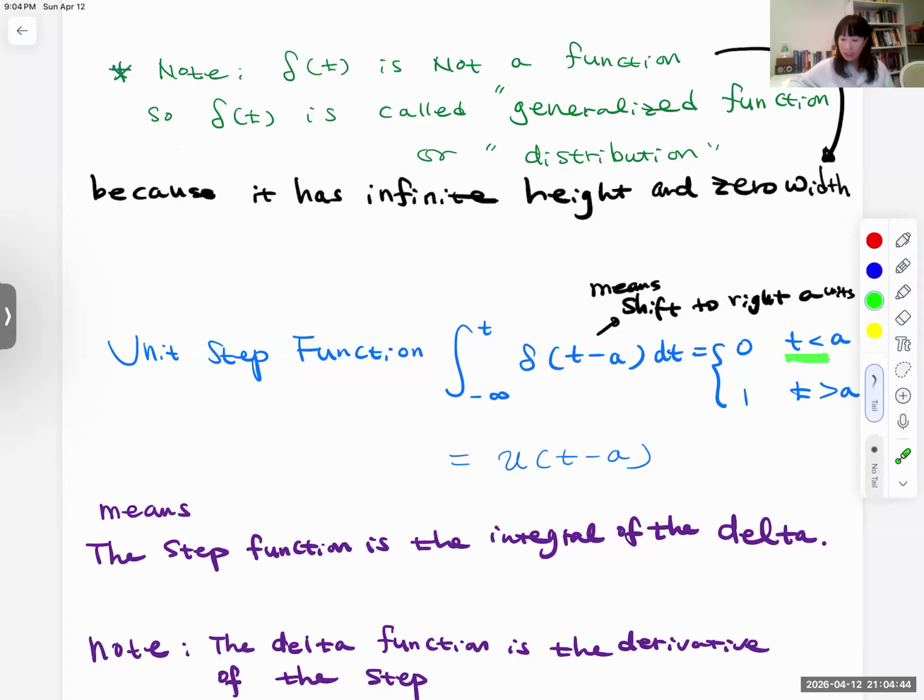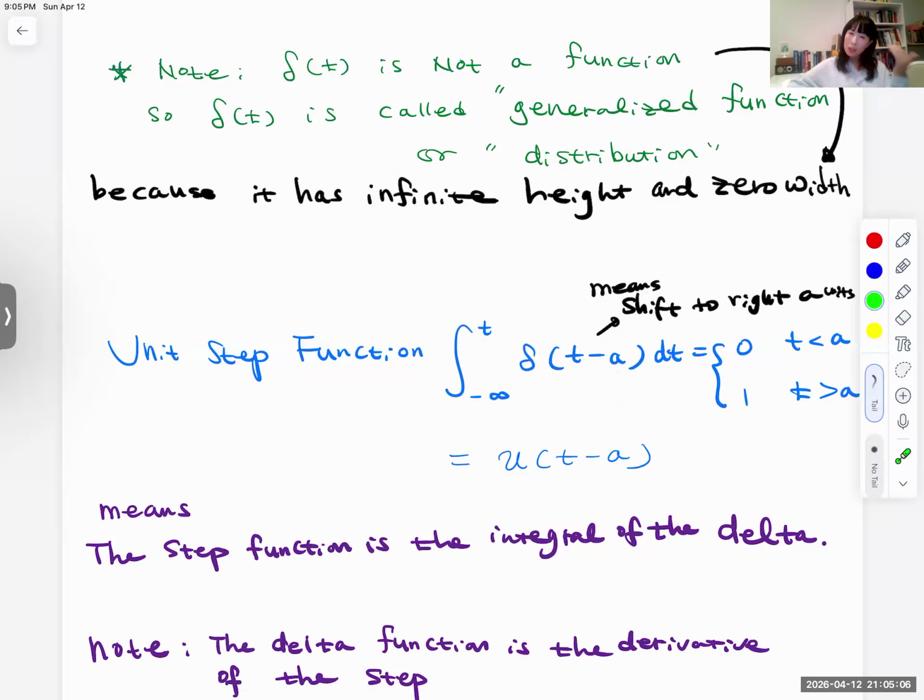When t is less than a, it is 0, and when t is greater than a, it is 1. So in that case, it switches on, with the spike at a.